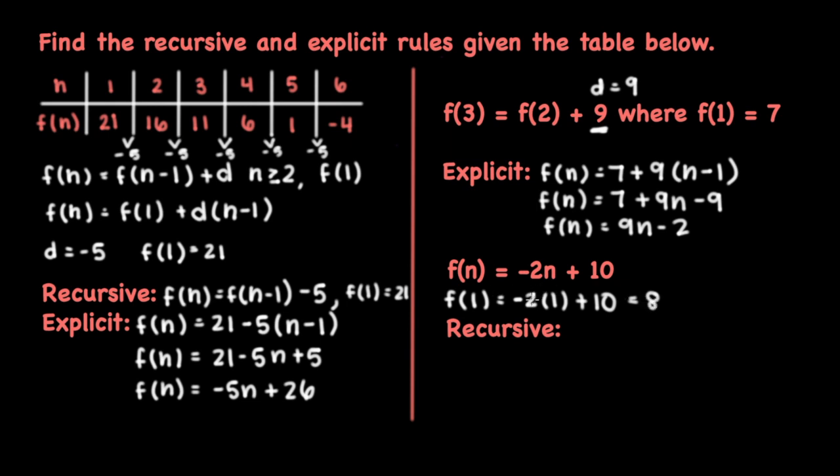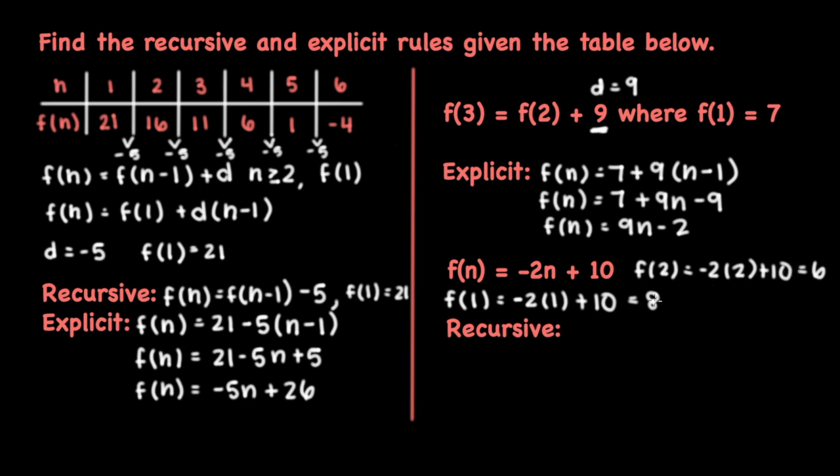Now looking at this equation, we know that the coefficient of the n variable will always be our common difference, but to double check, we can also do f of 2. So f of 2 is equal to negative 2 times 2 plus 10, which is equal to 6.